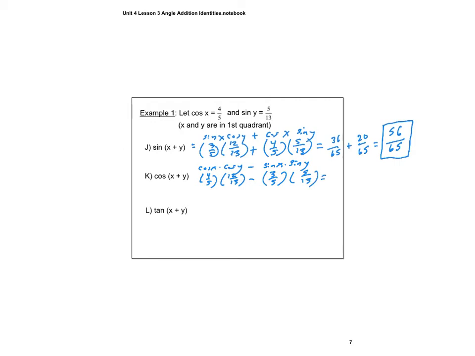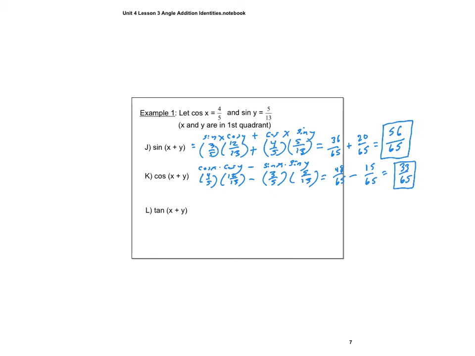So again, multiply your numerators and your denominators, so we get 48 over 65 minus 15 over 65. So now I can subtract my numerators, and I get 33. Write down my common denominator of 65. Can I reduce that down? No. So that is simplified as much as possible.